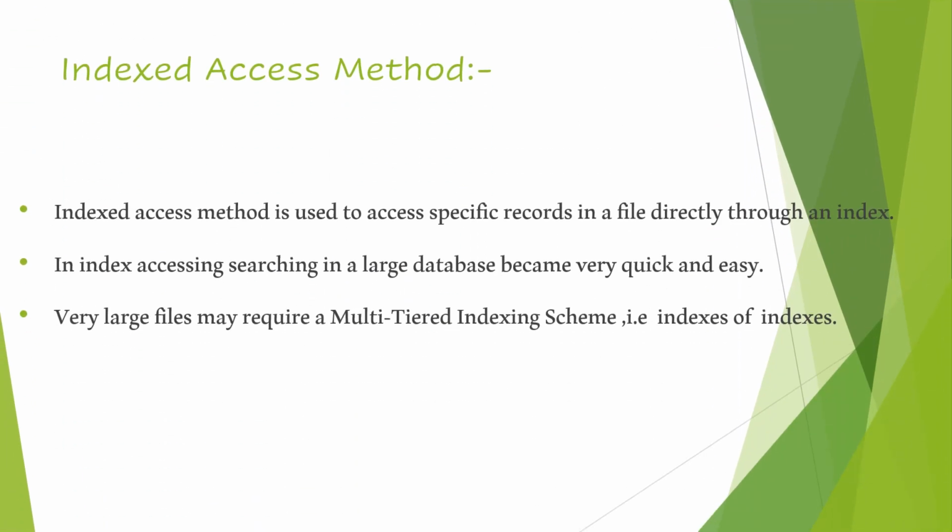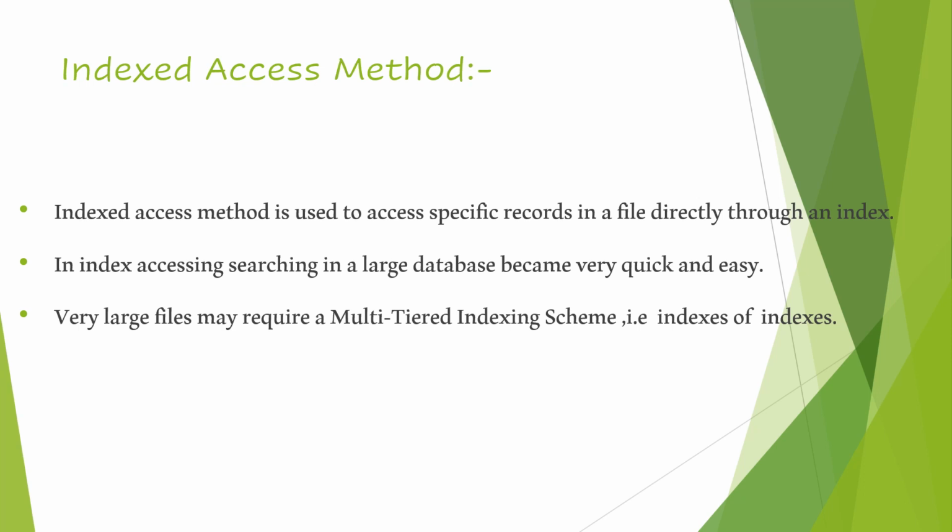And the next method is indexed access method. Indexed access method is used to access specific records in a file directly through an index. First of all, an index is nothing but the address of a record in a file. Like how books contain an index space at the front, in the same way, records in a file also contain indexes.